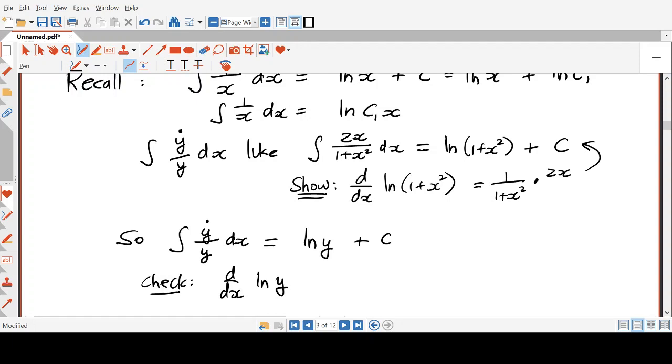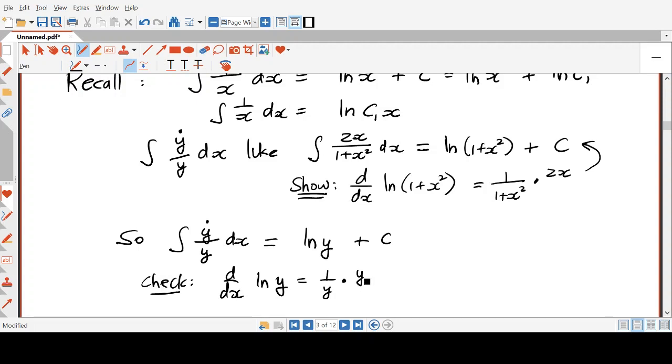So in other words, y is a function of x itself. Y has got x's in it. It's something in terms of x. So differentiate ln y, it will be 1 over y times the derivative of the inner function. 1 over the thing times the derivative of the thing.